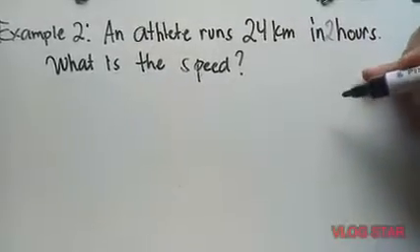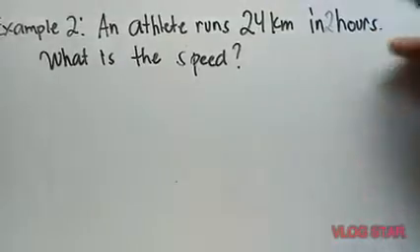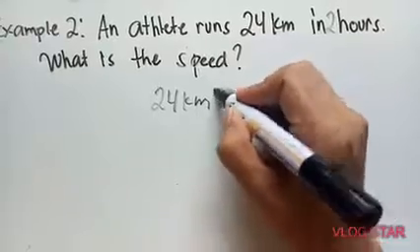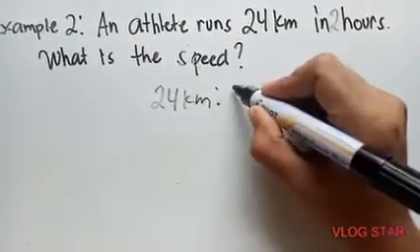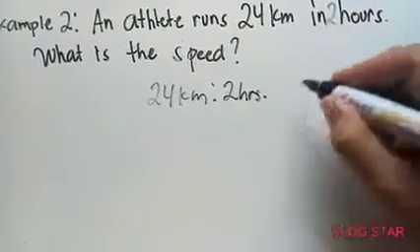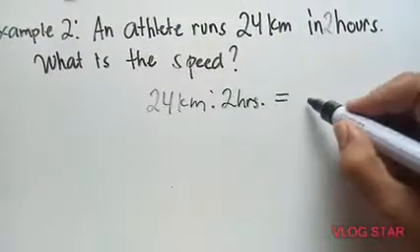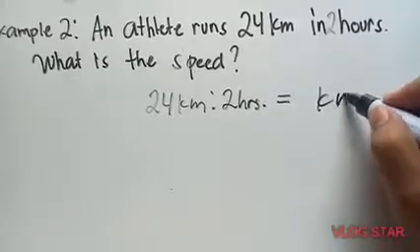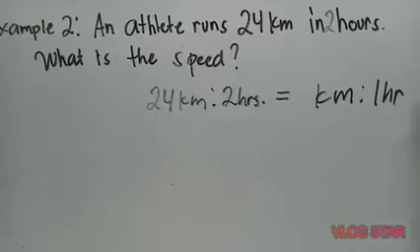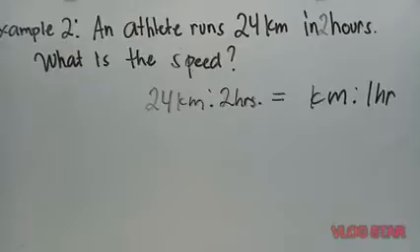Actually, in this problem, we can use ratio and proportion. 24 kilometers to 2 hours, and on the other side is blank kilometers to 1 hour, because the speed is always in 1 hour, like 20 km per hour, 30 km per hour, and so on.